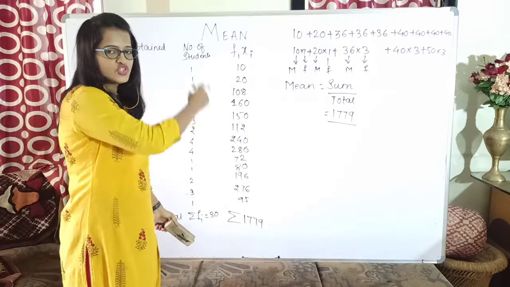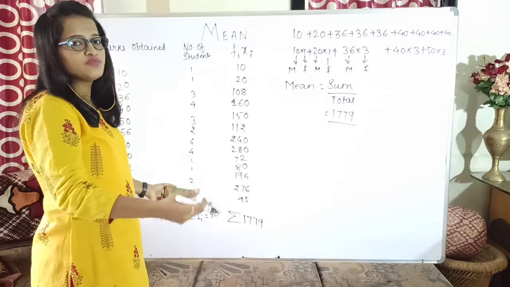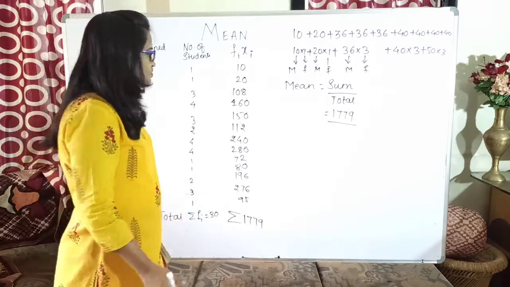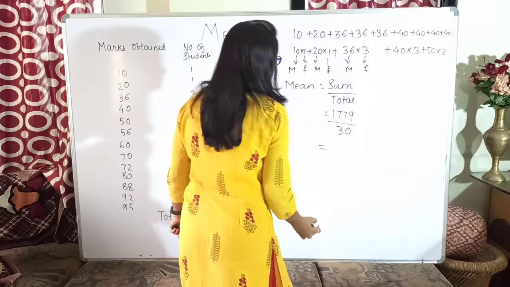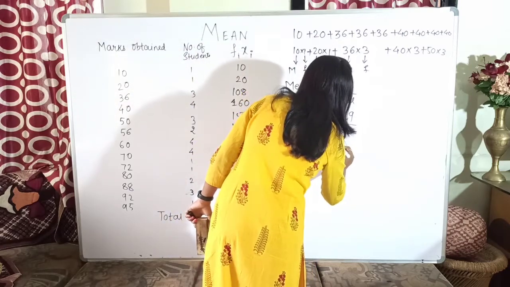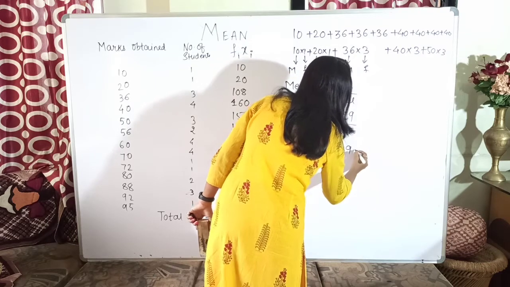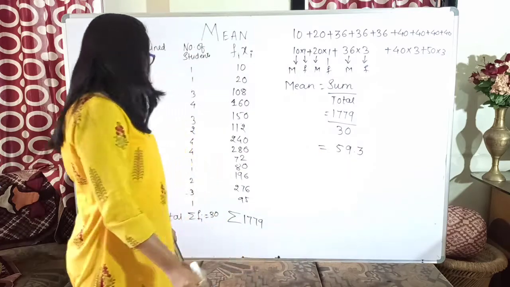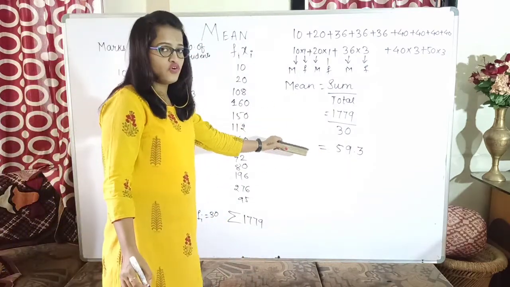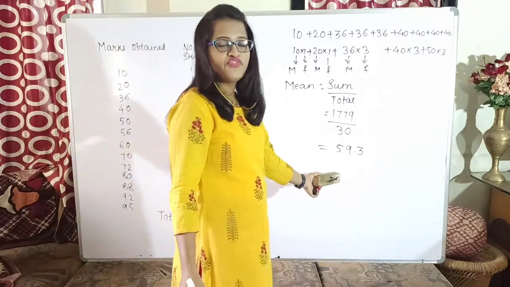Whatever is the addition of frequency, because this is the value which tells us how many times the respective observation was repeated. So it was 30. If you divide, you will get 59.3.